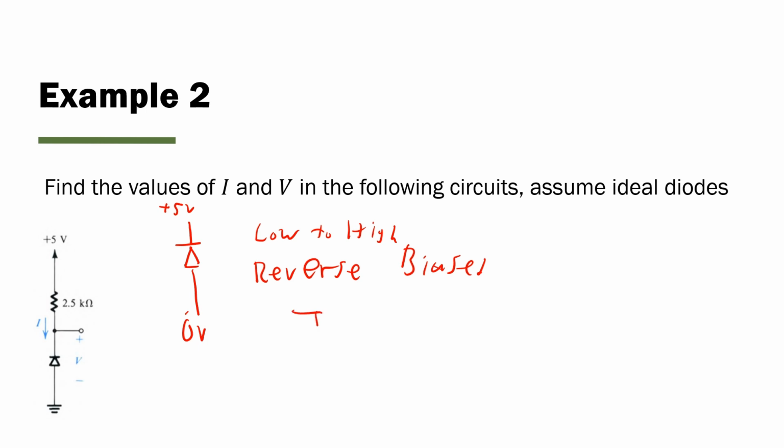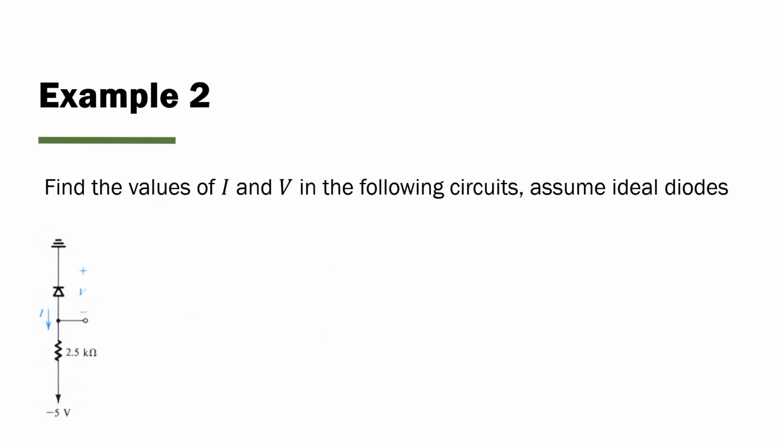That means I can immediately state that the current is 0. And this diode will behave like an open circuit, consuming the entire voltage across this wire. This 2.5 kiloohms will essentially be negligible because the diode will observe a resistance of infinite. So V is equal to 5 volts. Okay, let's do this one.